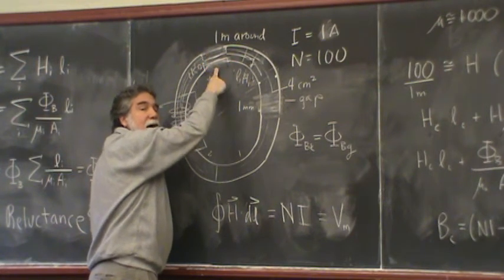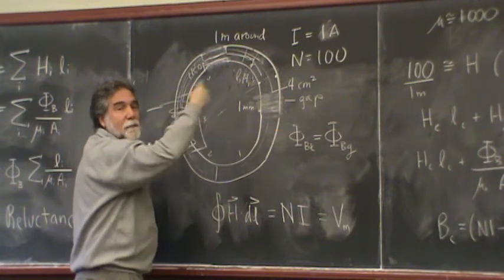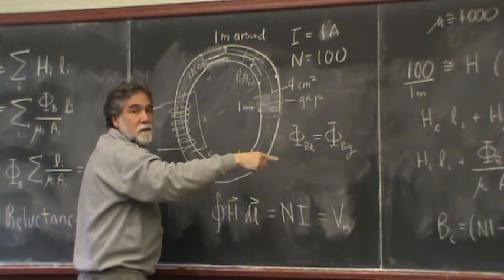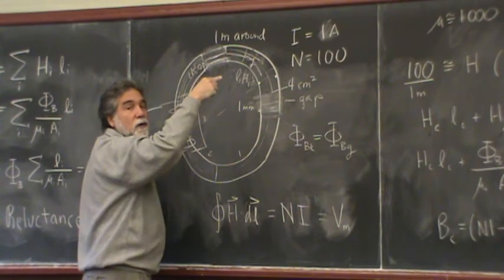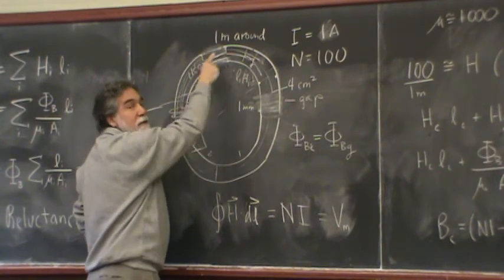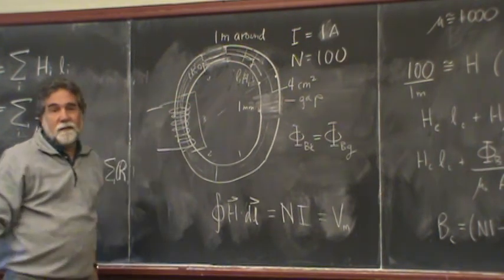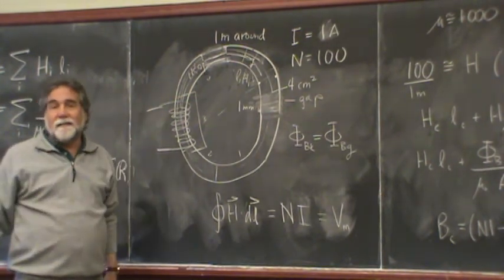Then, given that, you go back and you plug that back into your equation for the B field, solve for H. Then, given H, you go and you look up the B field again in this region and in that region, and you just continue to iterate until things stop changing.